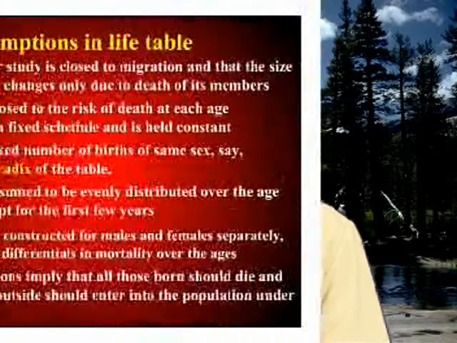Of these two, construction of abridged life table is relatively easy, and on most occasions people resort to the construction of abridged life table because the calculation requires less time and values can be arrived at very easily.